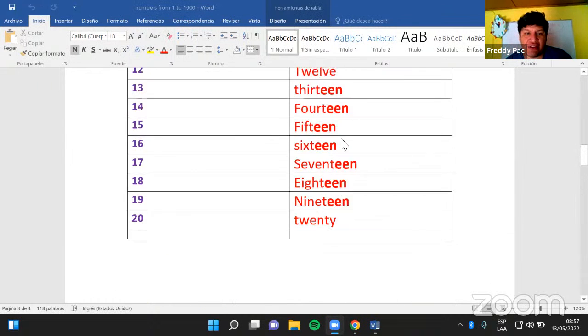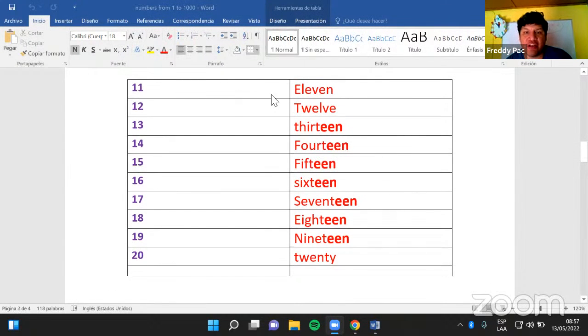I will come back to this part. For example, these quantities finish with double E and N, teen, yeah? And the pronunciation is going to be 13.